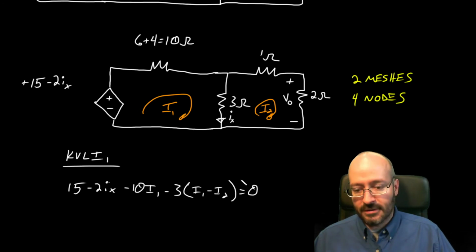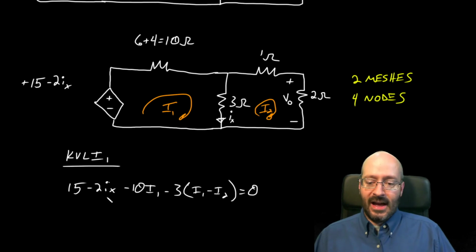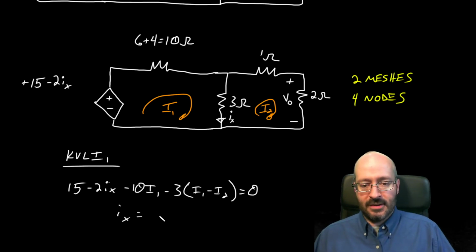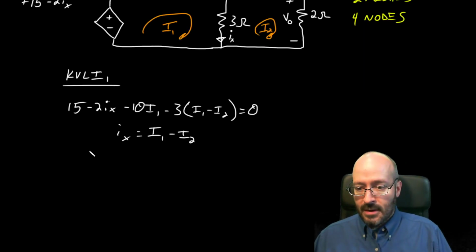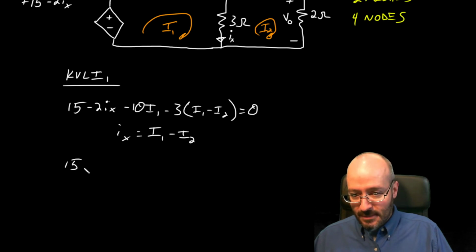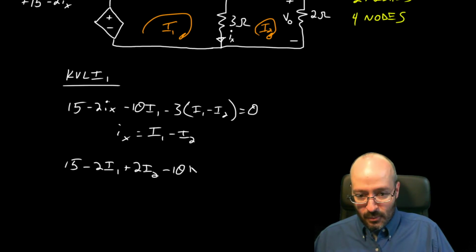And I'm back to where I started, so that's equal to 0. IX is my control variable. I still got to deal with that by making a substitution. Okay, so we've got 15 minus 2I1 plus 2I2 minus 10I1 minus 3I1 plus 3I2.